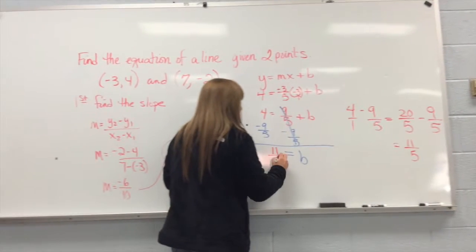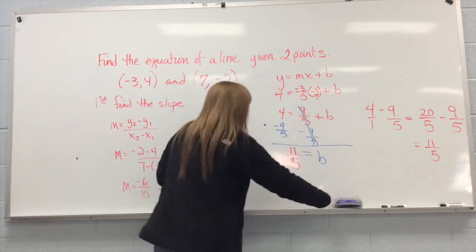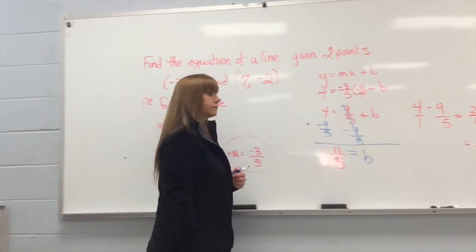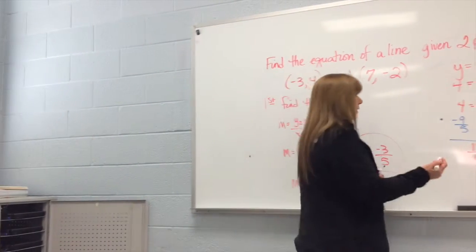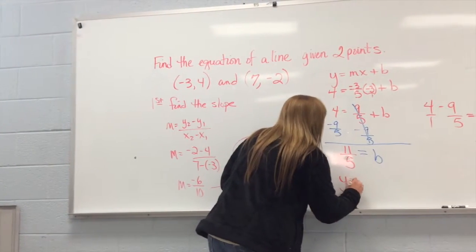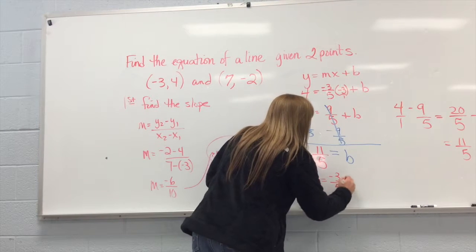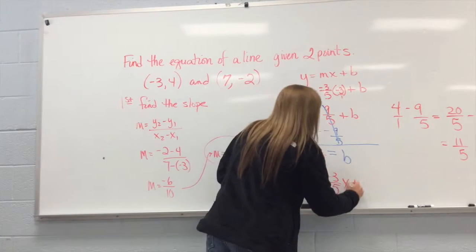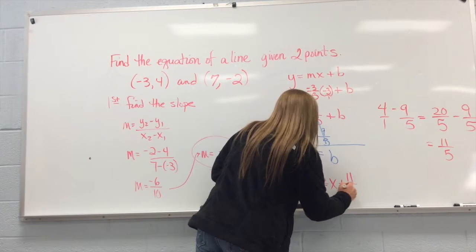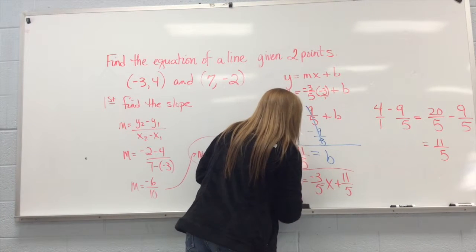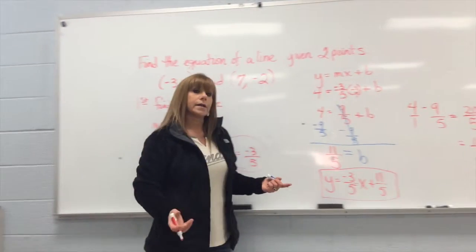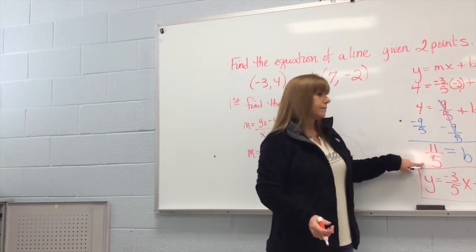That makes my b 11/5. The equation of my line is going to be y equals whatever my slope was, and I fill in my new b. I write it as a plus because this is positive.